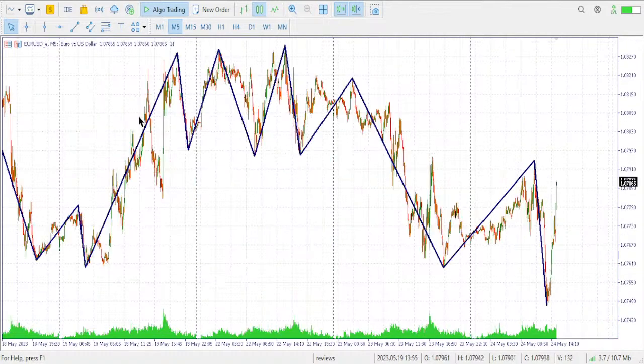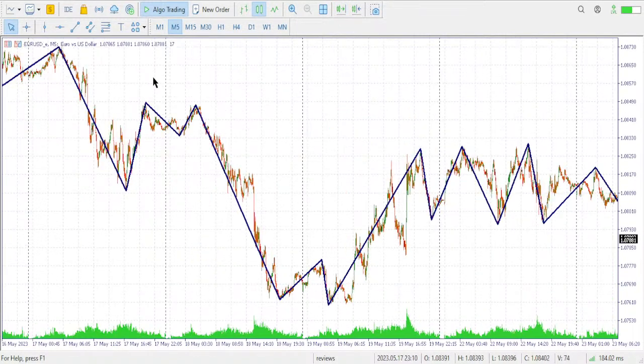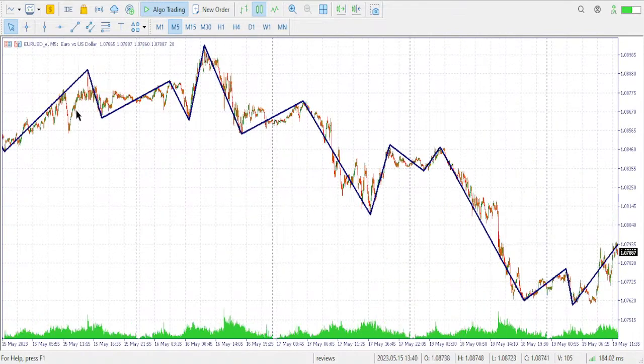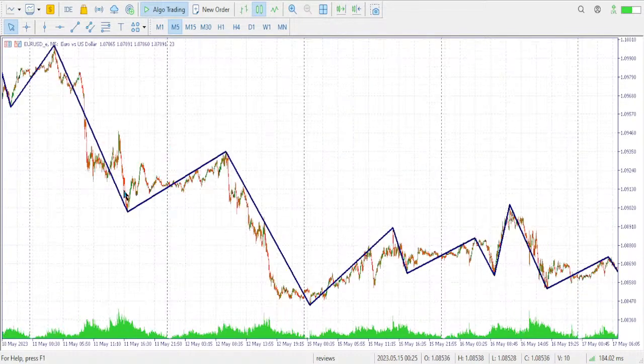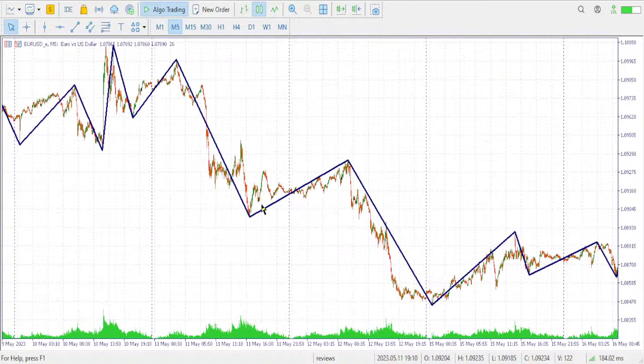You can see that now we have a smaller number of joints. These highs are fewer compared to previously. They are way fewer, not as many as they were before, but it looks very, very good as it is now.